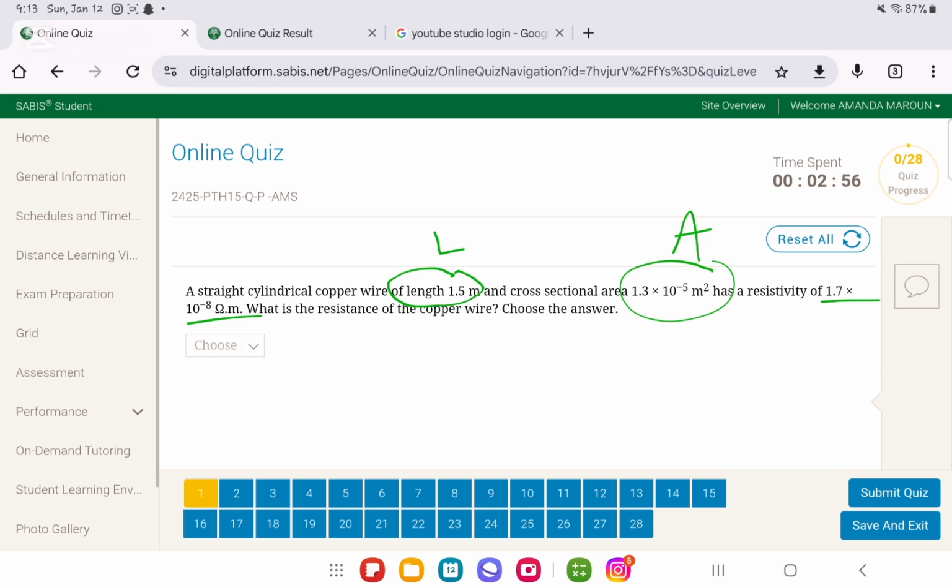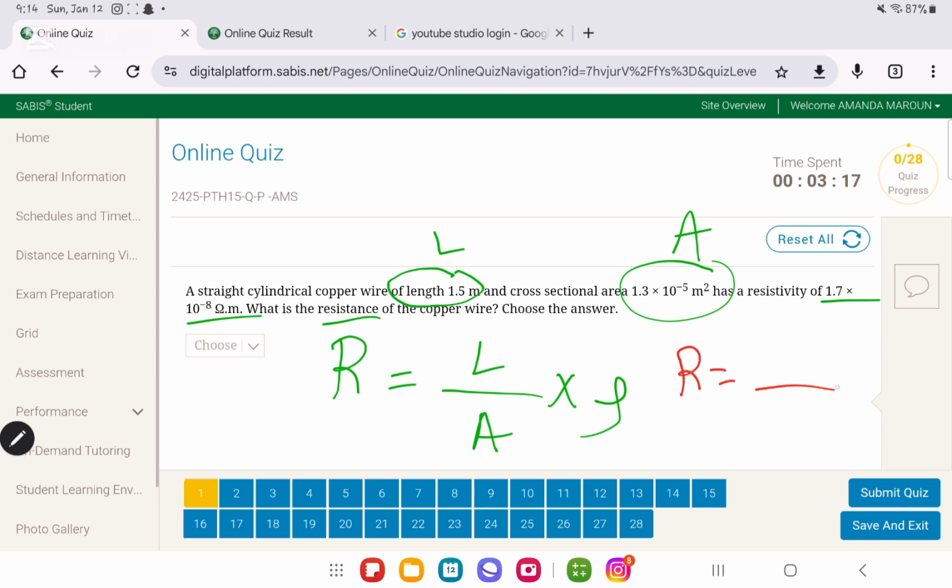Very simply, what we need to know is that the resistance, denoted by R, is equal to the length of the copper divided by the cross-sectional area, multiplied by the resistivity. So if we apply it here, R is equal to 1.5 divided by 1.3 times 10 to the power of minus 5, multiplied by 1.7 times 10 to the power of minus 8.